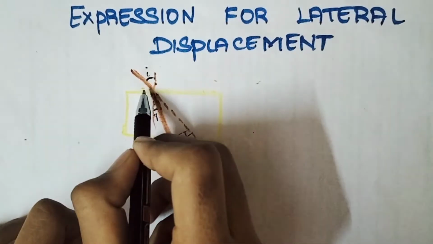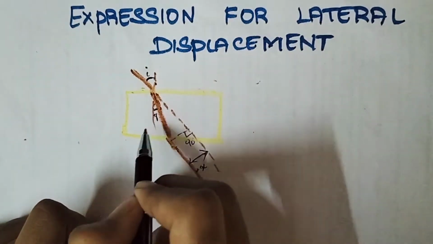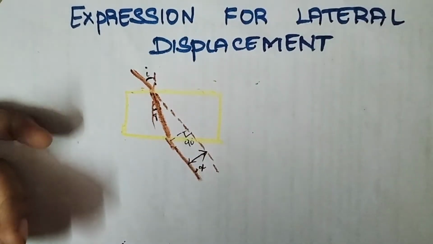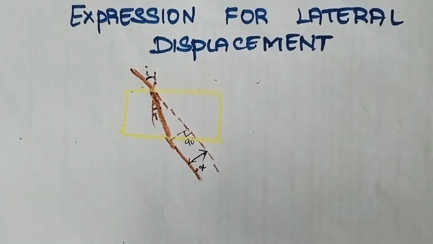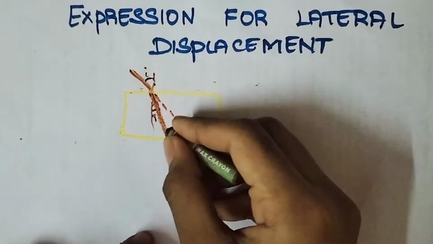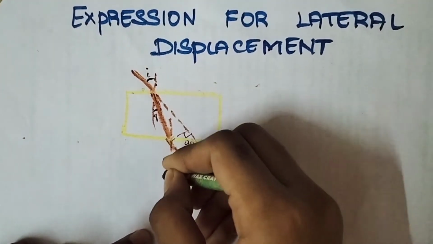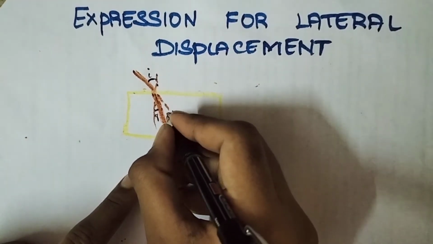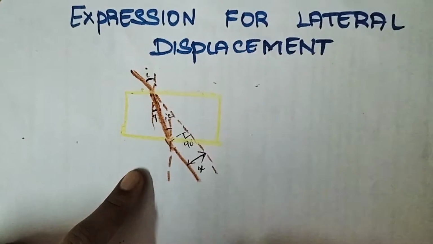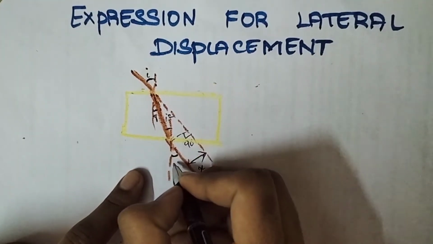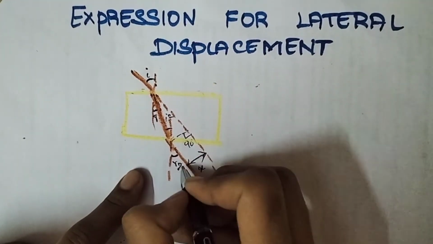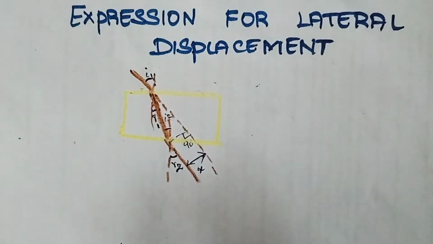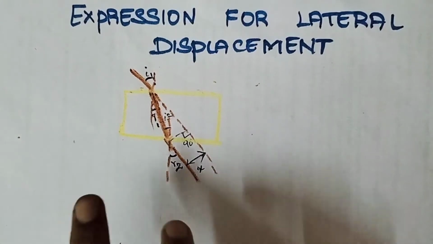So if I draw the normal over here, correct, here it acts as I2, and this is R2, this is R1, I1.